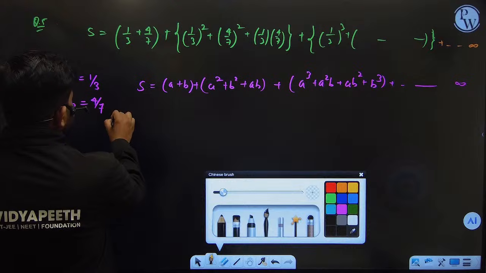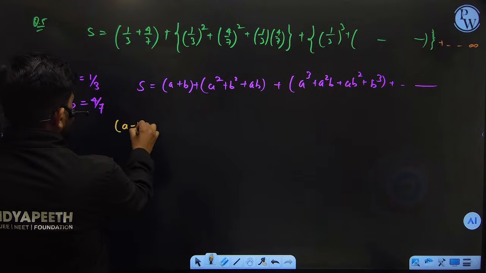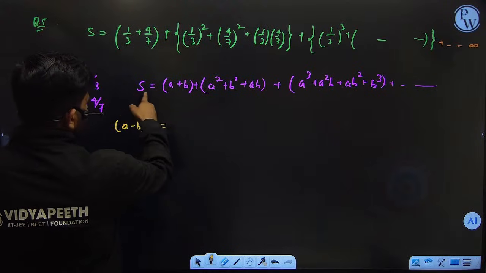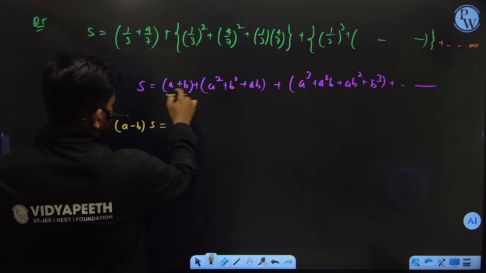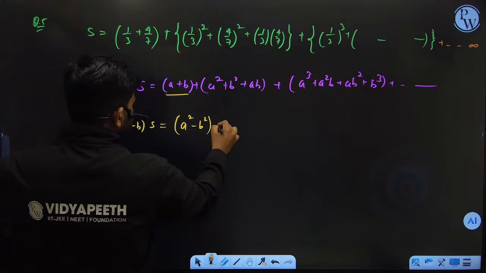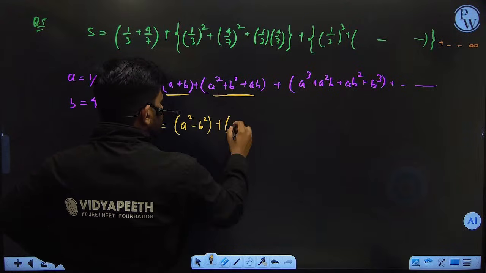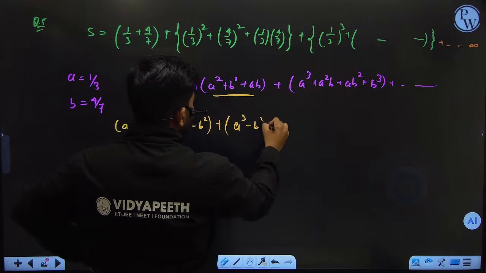You need to multiply this sequence by A minus B. If you multiply A minus B into A plus B, this will become A square minus B square. If you multiply A minus B to this factor, it will become A cube minus B cube.